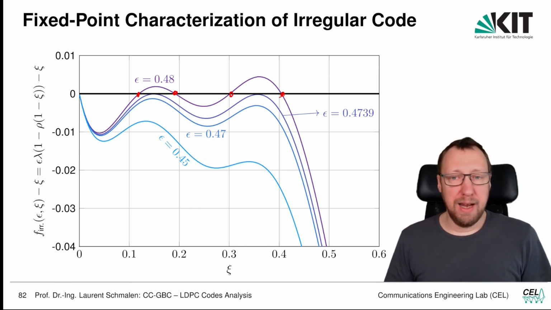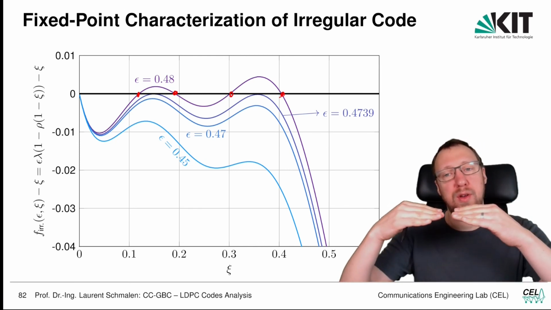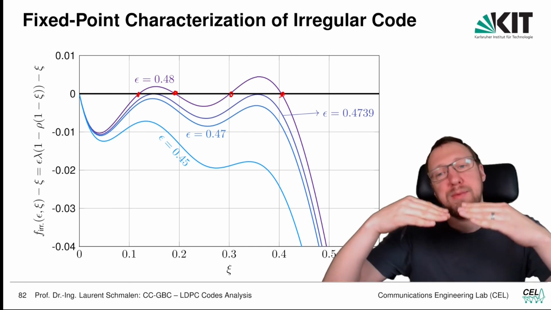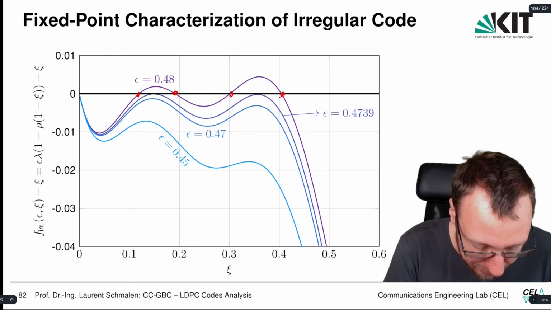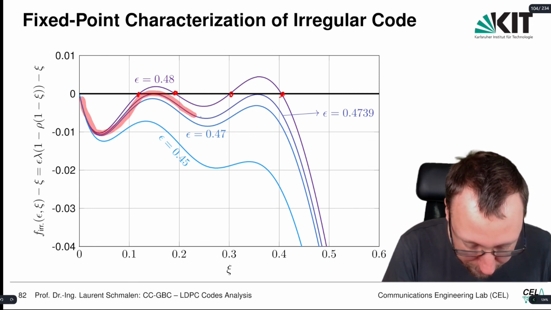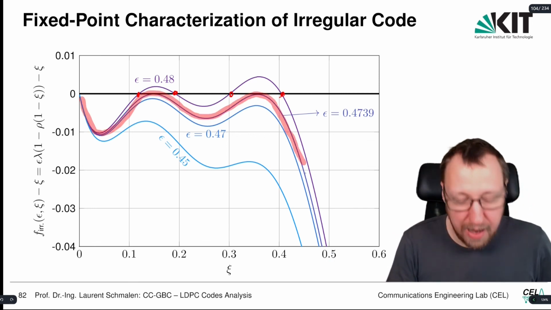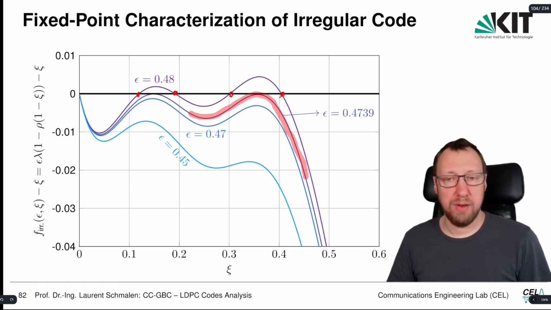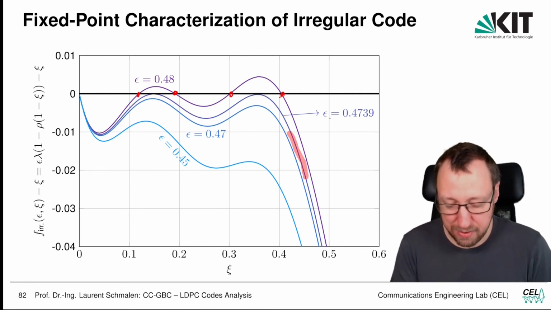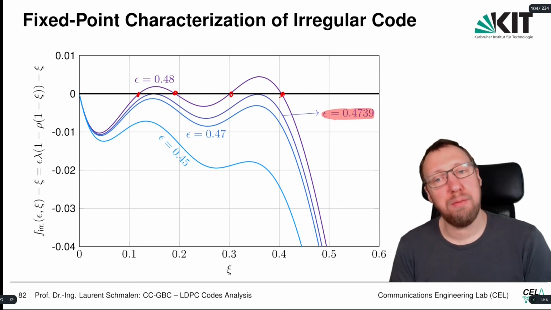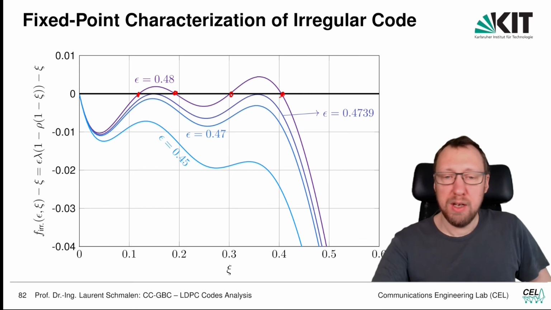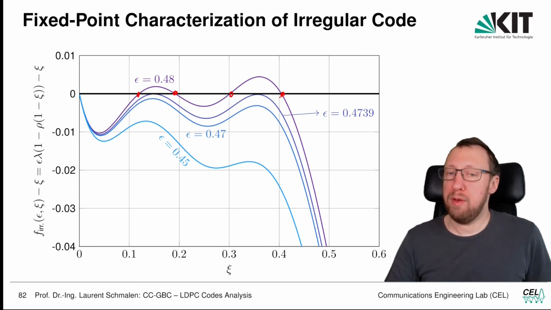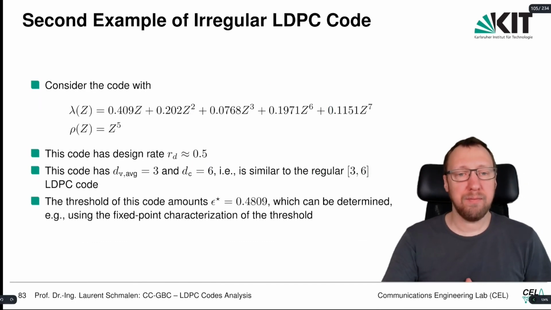But if we decrease epsilon to 0.4739, we are barely below this curve and will converge. So it has a threshold of at least exactly epsilon equals 0.4739. Okay, so very nice. We have improved significantly.